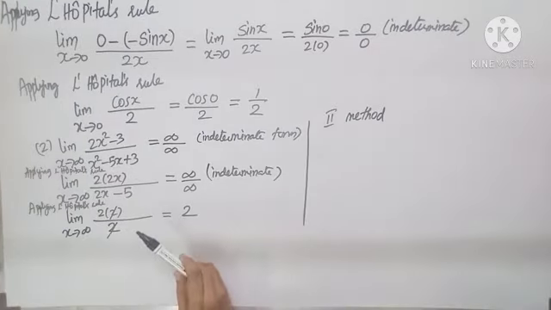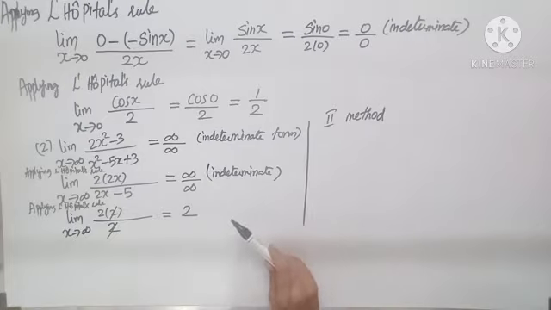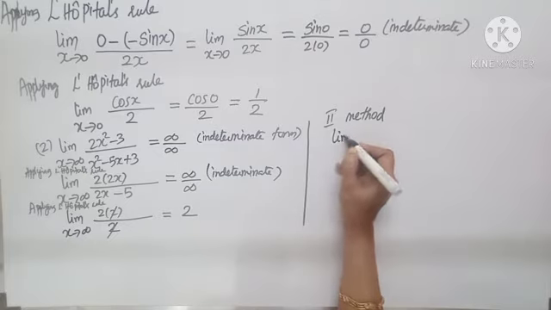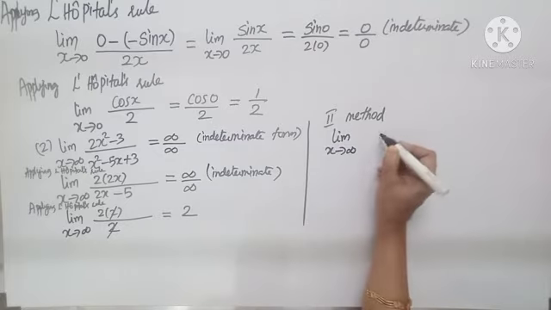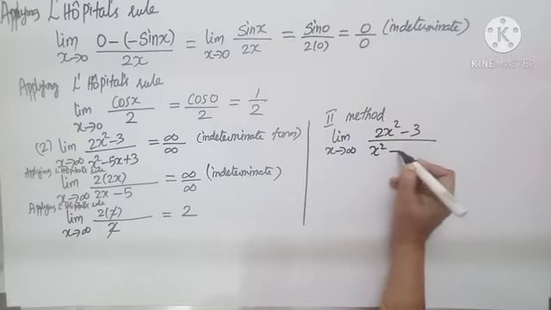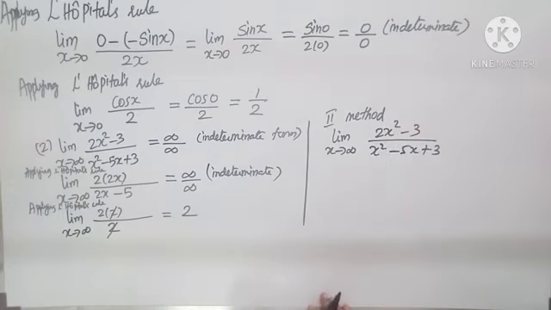In the first method, we have applied L'Hopital's rule 2 times to arrive at this answer. We will just check this with the 11th standard method. The question is limit x tends to infinity, 2x square minus 3 by x square minus 5x plus 3. The highest degree is x square in the numerator as well as denominator.